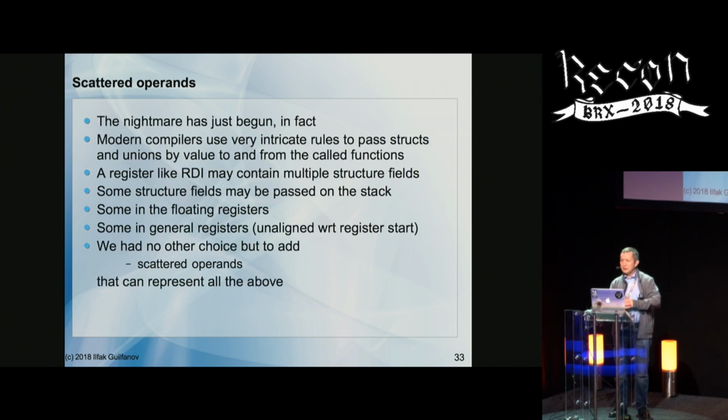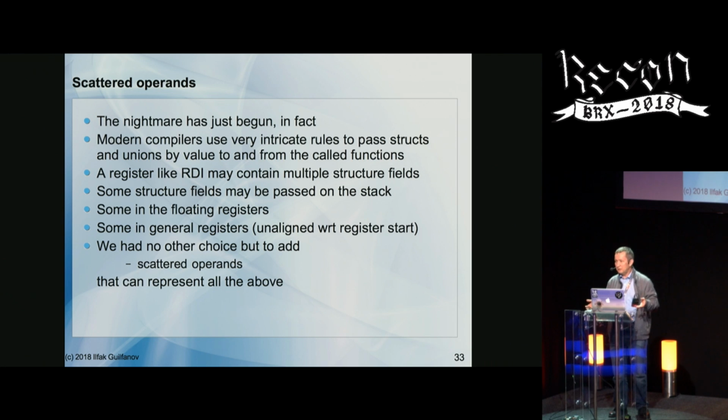But it was just the beginning of the nightmare with microcode, because modern compilers can be very aggressive when they use registers and memory. For example, some of them pass complex structures and unions by value to the called functions. They follow the ABI.